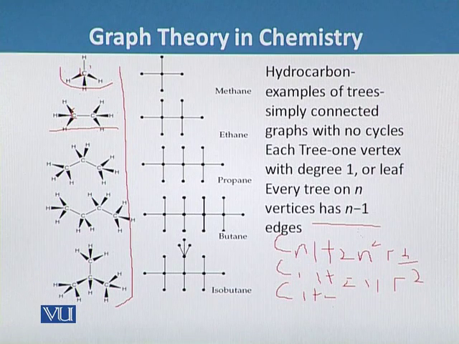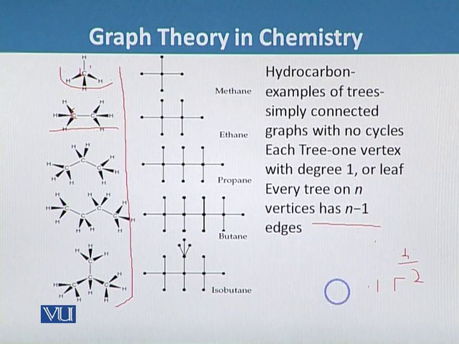And the second thing we have seen here is that the structure of these chemicals represents a tree, and we have studied that the n vertices of a tree have n-1 edges. For example, each atom of this chemical formula represents one vertex.